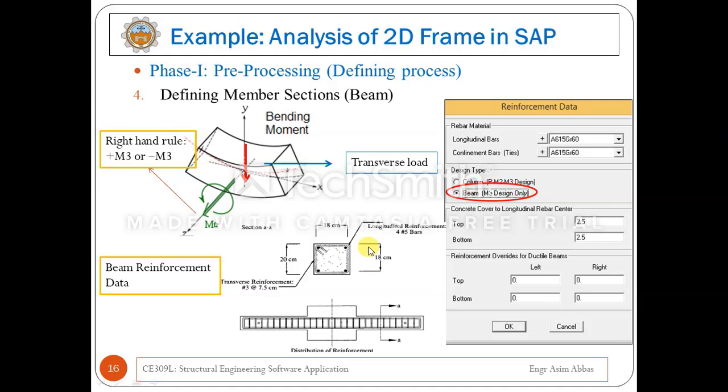Here you can see the longitudinal bar and longitudinal bar material options, meaning the main bar, right? And the ties, which we call stirrups or transverse reinforcement, are used for the shear requirement, and are referred to as the confinement bar in SAP 2000.